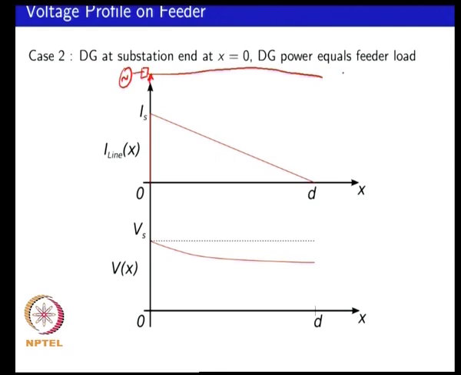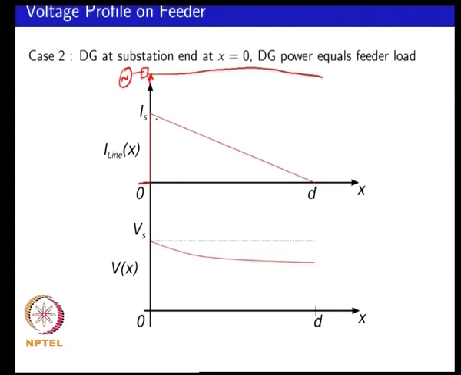So, essentially you have the same current profile along the feeder as what you had, except that now because your DG power is equal to the substation power, what is now coming in from the substation end is actually 0, because your DG is providing the entire power.